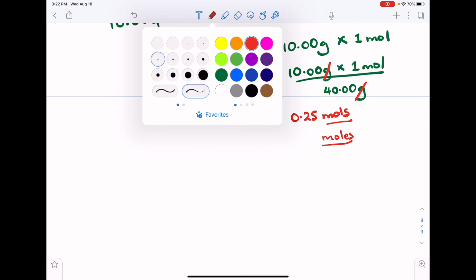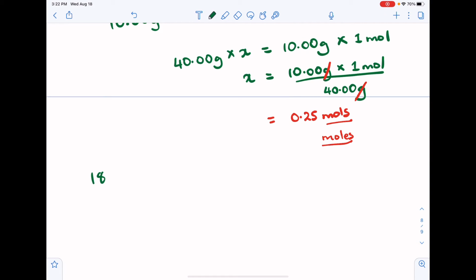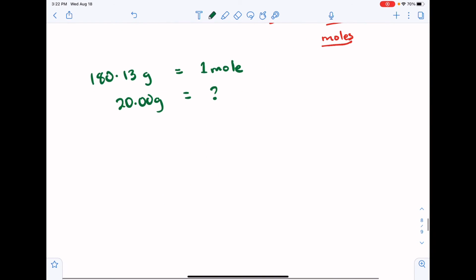Same thing for glucose. We are given that 180.13 grams equal 1 mole, and we're asked how many moles is 20 grams. Okay, I'm going to solve this in a slightly different way, but it just depends on how you were taught how to do this.